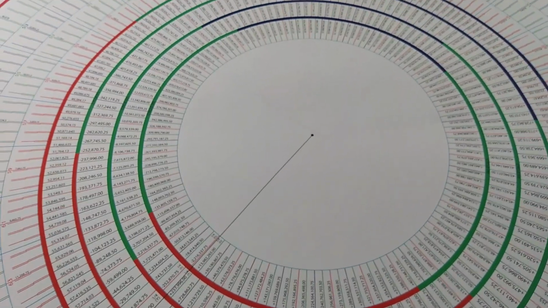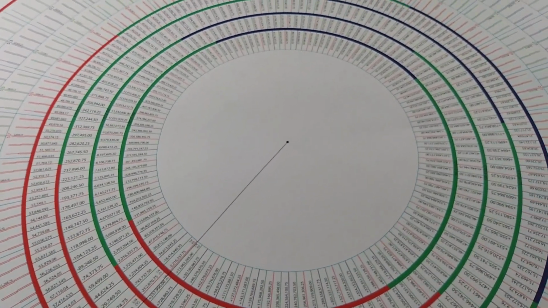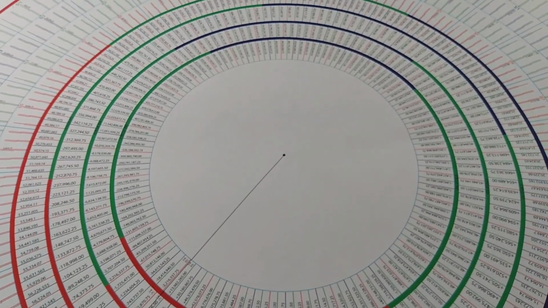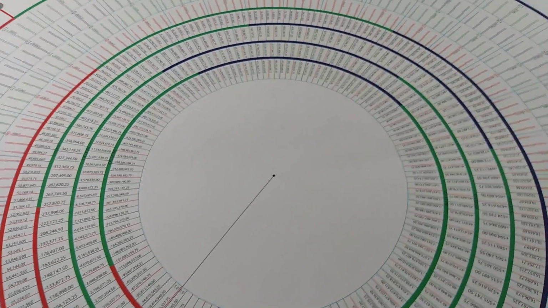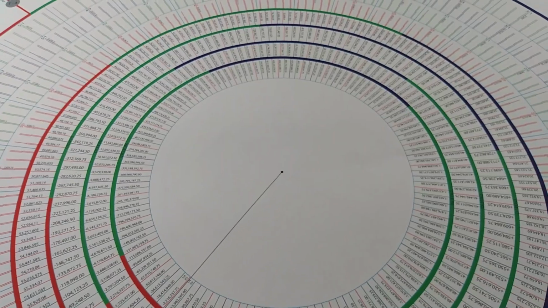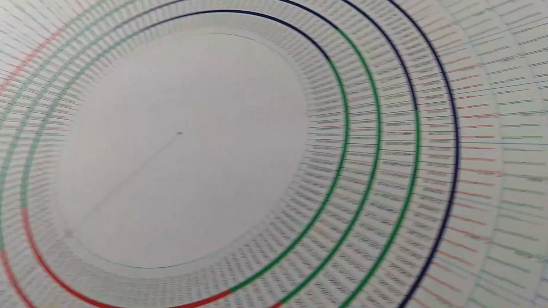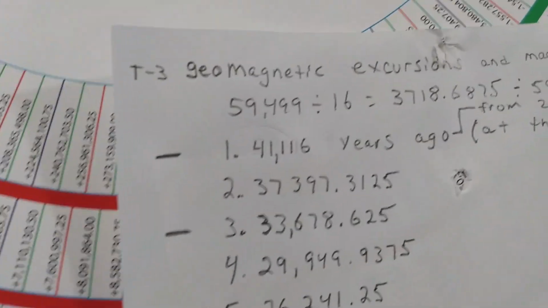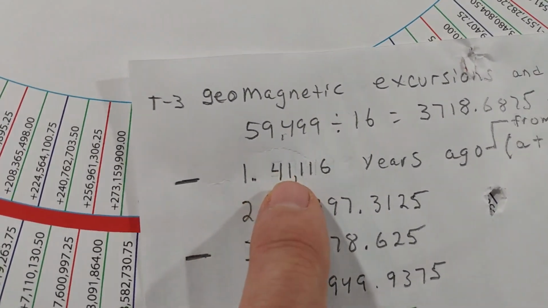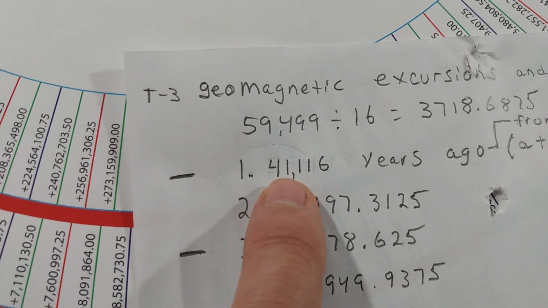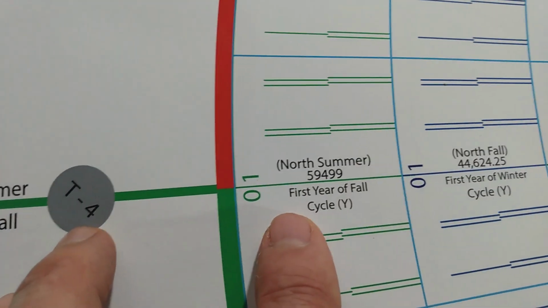So sun cycles are in here. Ice ages, the end of ice ages are all within here. Magnetic excursions. I'll show you some of these magnetic excursion dates if you want to check them out right here. This is the 41,116. That was the beginning of the cycle here.